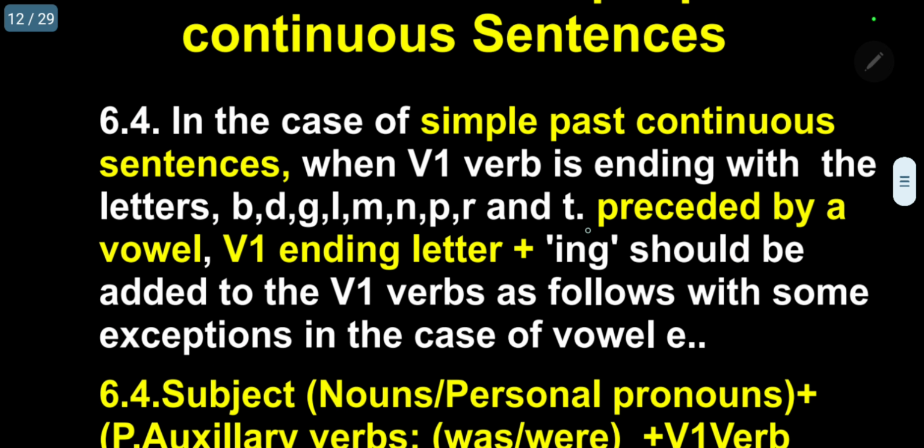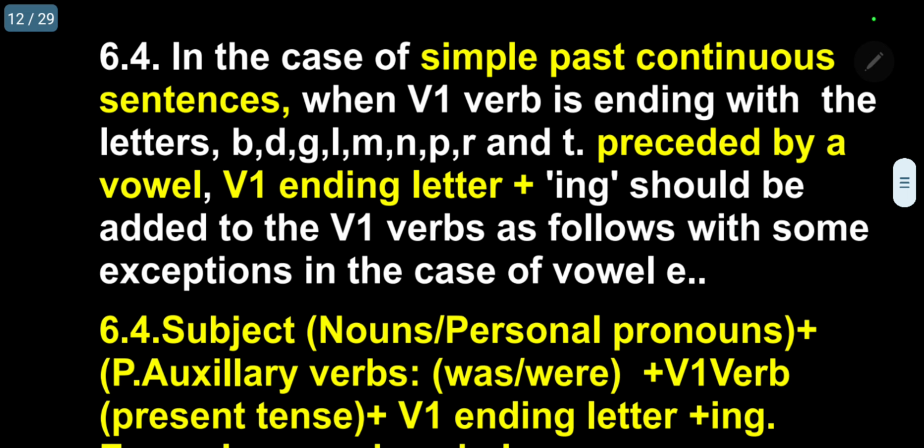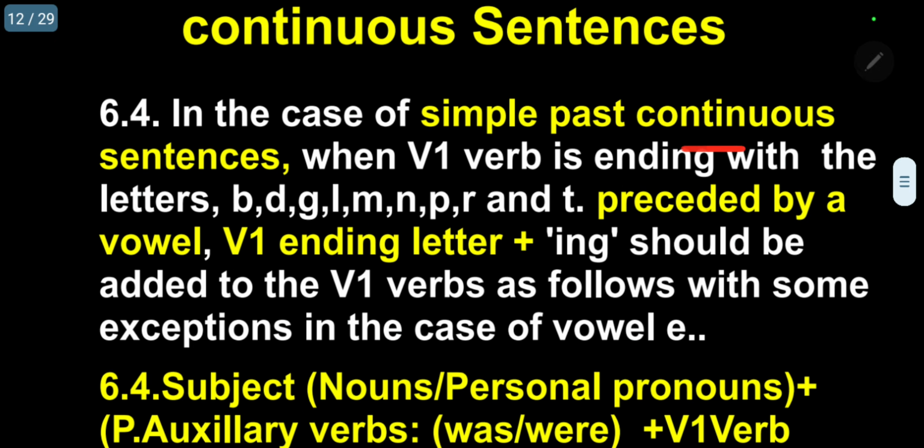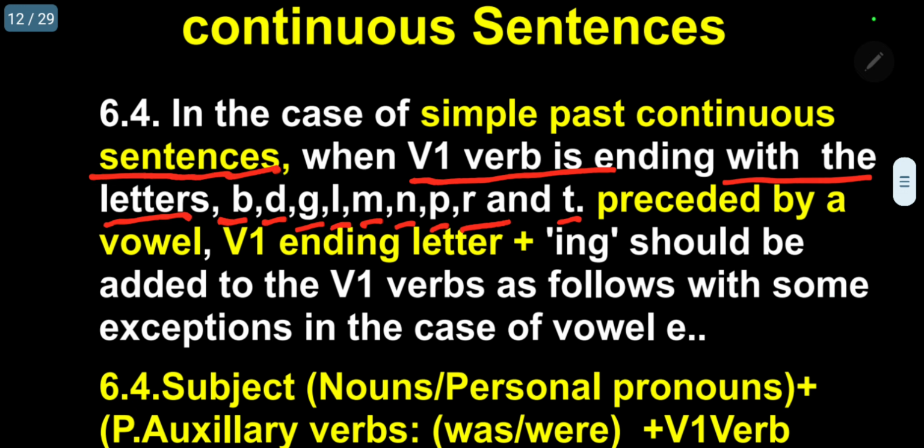Next one. Rule 6.4. Very, very important. Please follow. This is most important. In the case of past continuous, simple past continuous sentences, when the V1 verb is ending with the following letters B, D, G, L, M, N, P, R, and T, just now we have discussed totally 9 letters. Please, my dear students, I am repeating many times, these rules are not available in any grammar book.